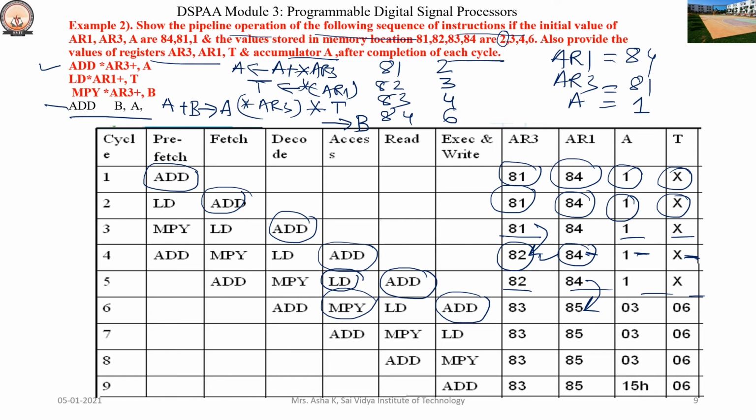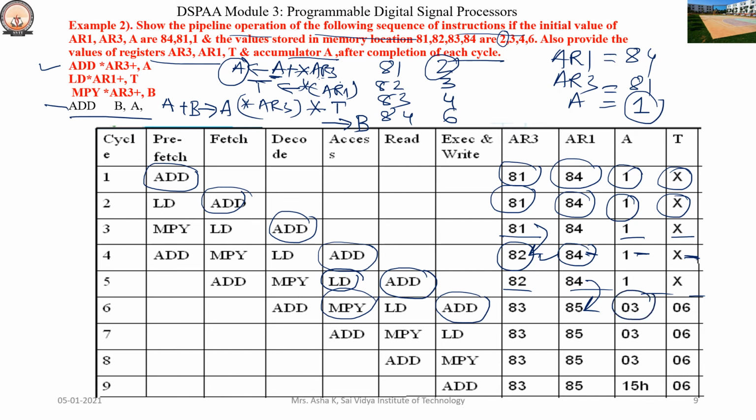What happens in the execute and write state of that pipeline operation? If you observe here, after the completion of this, the accumulator content is added with the star AR3 content. Accumulator content is 1, star AR3 content is 2, and 2 plus 1 addition is 3.